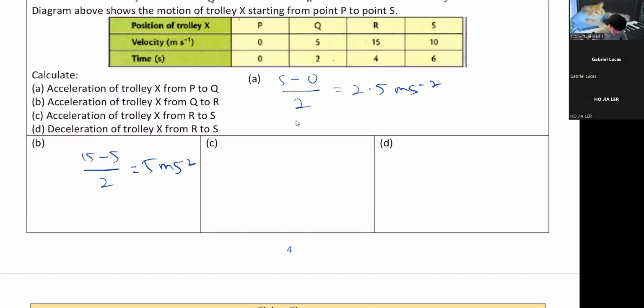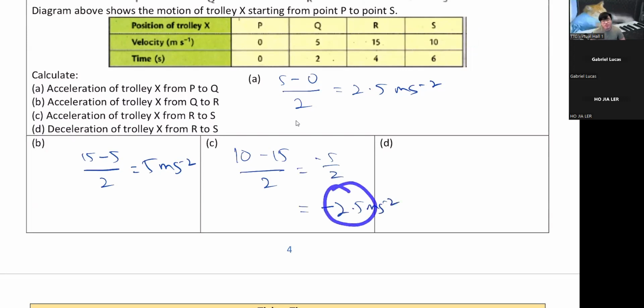Next, acceleration of RS. Now RS is here. This is the U, this is the V. You might say, hey sir, the U is smaller. Yes, that's correct. So it's 10 minus 15 over 2. You will get negative 5 over 2, which is negative 2.5 meter per second square.